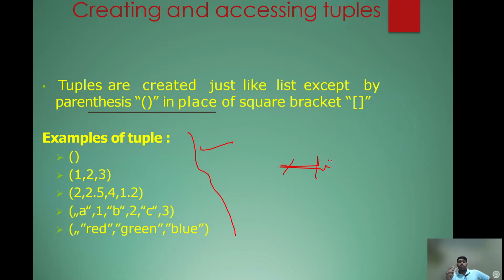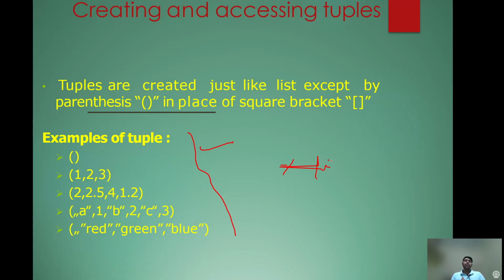So when we compare to the list, the only difference is that in the list we give square brackets, here we give parentheses. You can see an empty tuple, then a tuple of integers, a tuple of mixed numbers like integer and floating point number, then characters, and strings. So this is the way we can create the tuple in different ways.